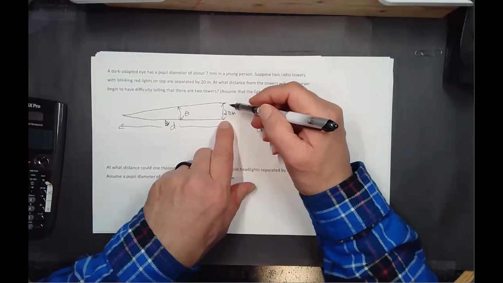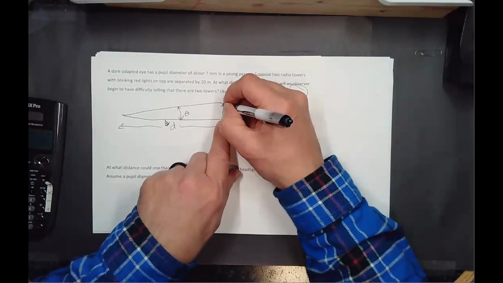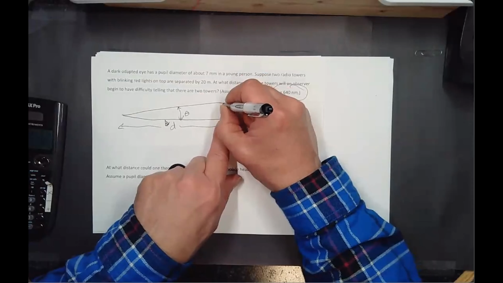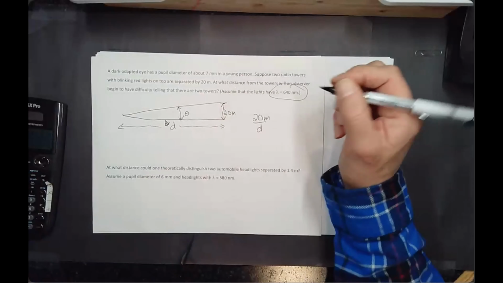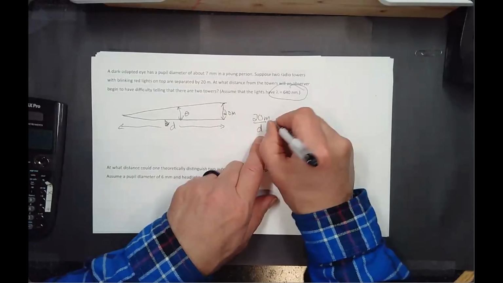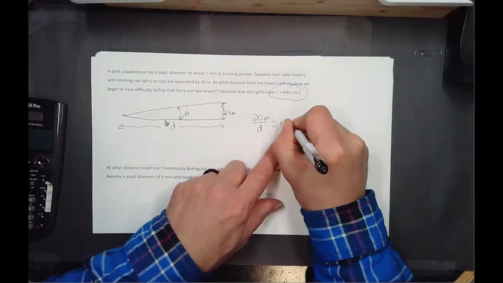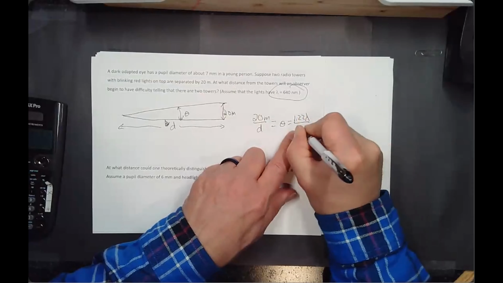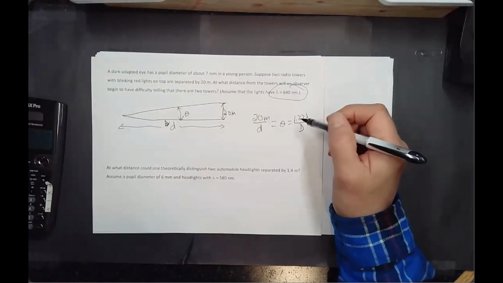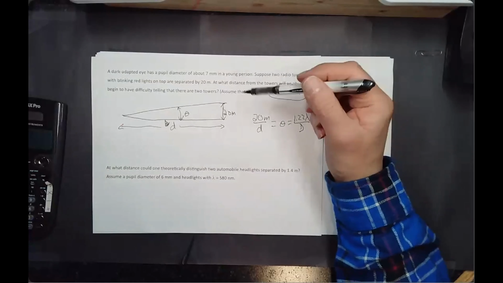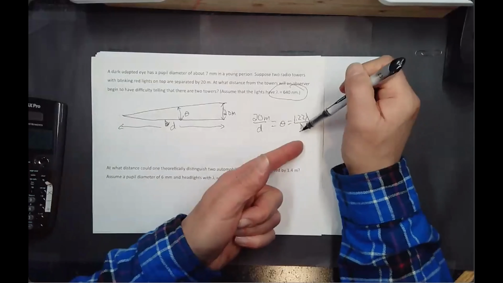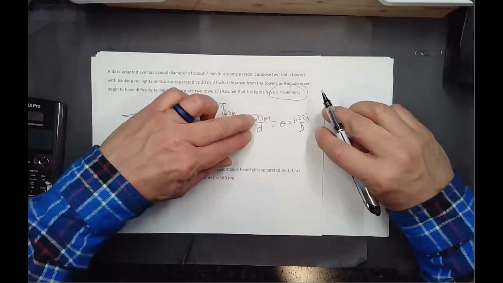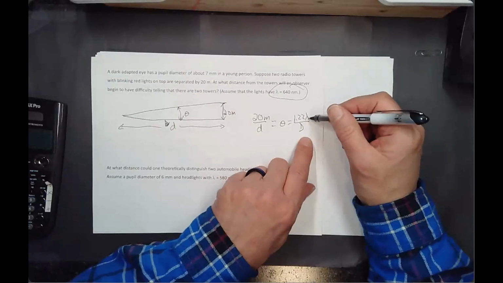But if the angle is small enough, there isn't much of a difference between a straight line connecting things and the arc length. So we'll just go with that. That's going to be equal to theta, and it'll be 1.22 lambda divided by the diameter of the pupil of the eye, 7 millimeters. Well, this is a simple fraction equaling a simple fraction.